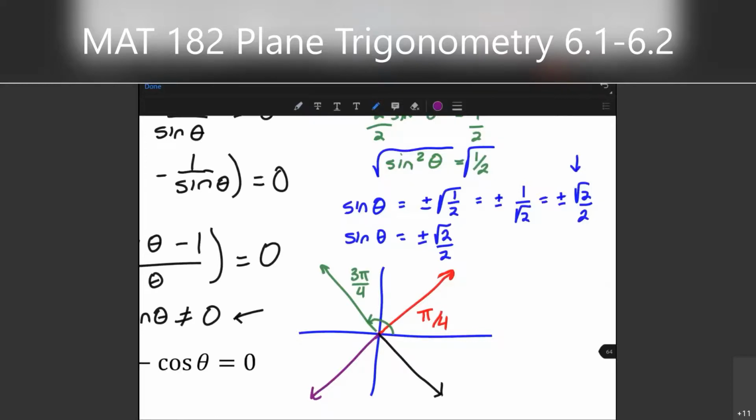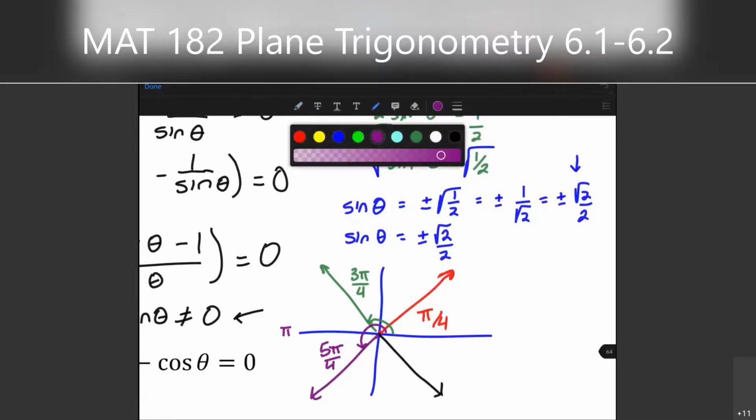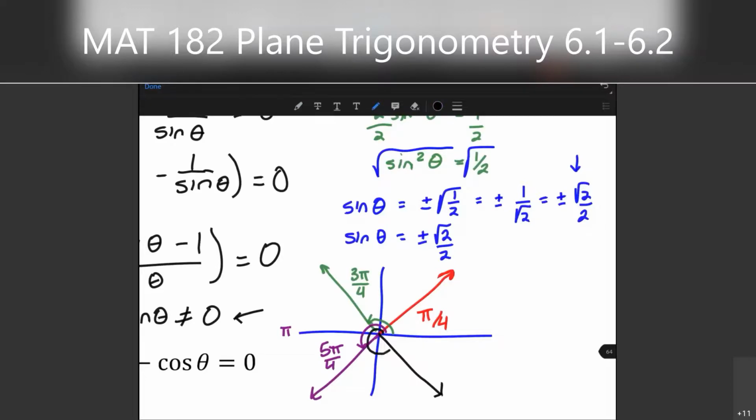We're just adding another quarter pi. So this is 5 pi over 4, and that's pi, so I'm just adding another 4th to that pi. And then finally, the 4th quadrant solution, black, we could say that's going to be 7 pi over 4. So it's 1/4 of a pi less than 2 pi.